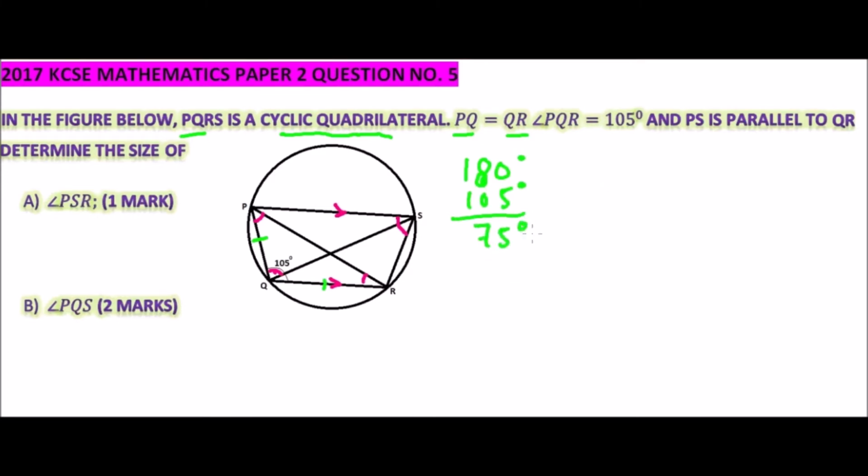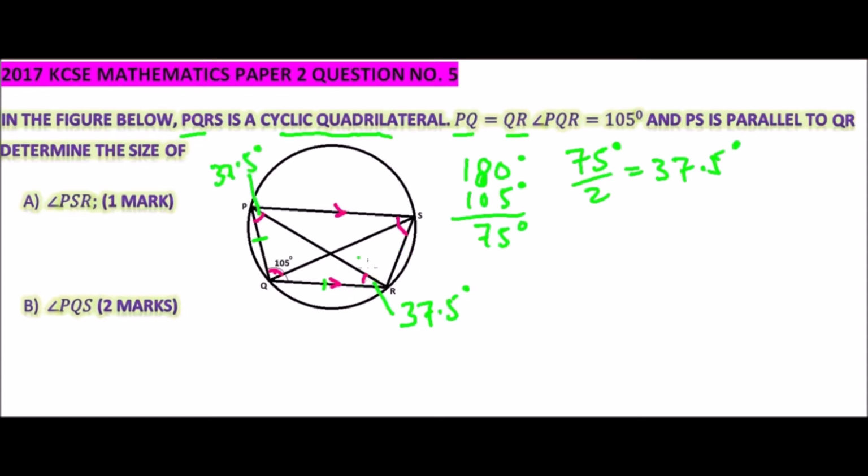Because the base angles are equal, we divide 75 by 2, and we get 37.5. This means that this angle here, QRP, is 37.5 degrees, and this angle here is 37.5 degrees.